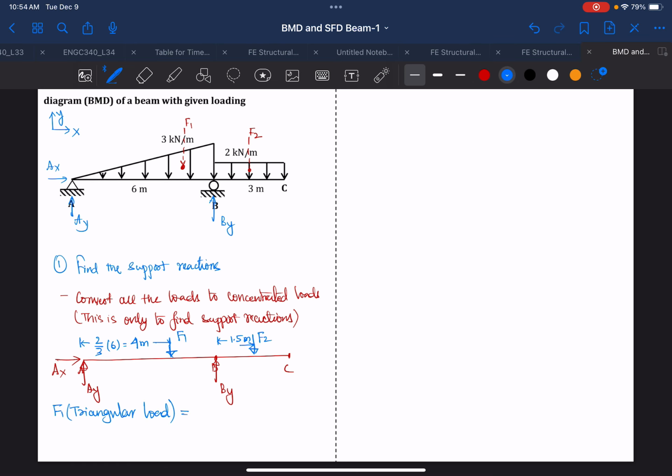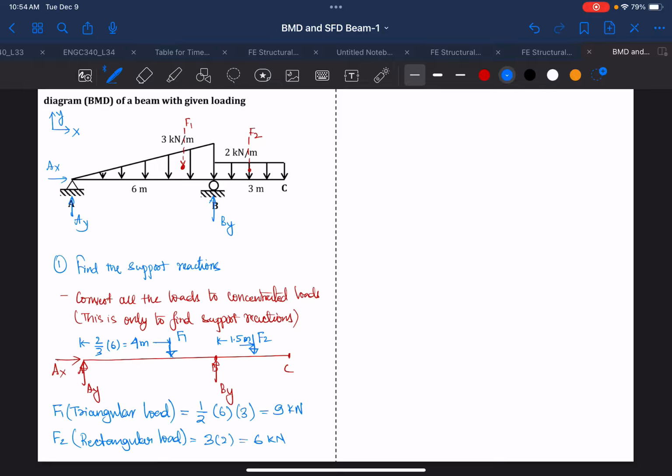So the area of the triangle will be half, and the base is 6 meters and the height is 3. So that will be 9 kilonewton, and F2 will be the area of the rectangular load, and that will be 3 into 2, which is 6 kilonewton.